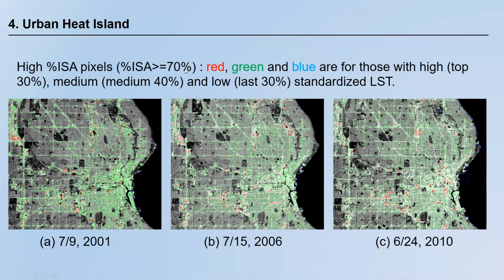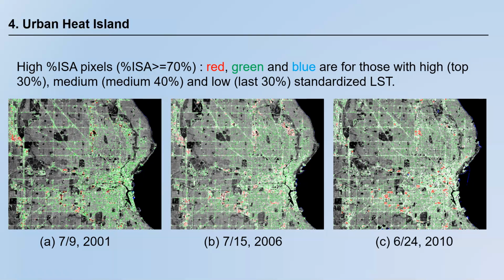These pixels are all highly urbanized, but given that fact, they have different temperatures. Red pixels have the highest temperatures. Green pixels have median temperatures. Blue pixels have the lowest temperatures among all these high percentage ISA pixels.